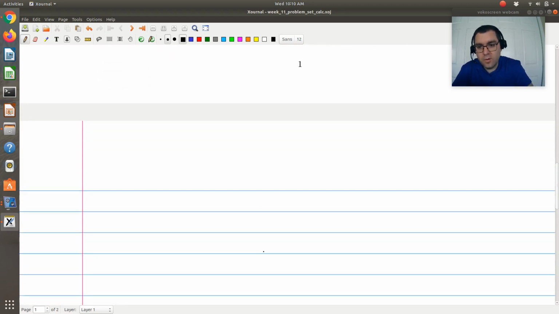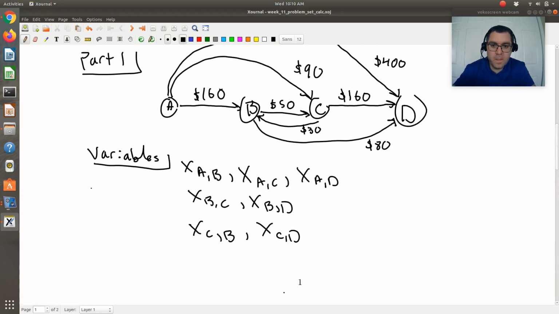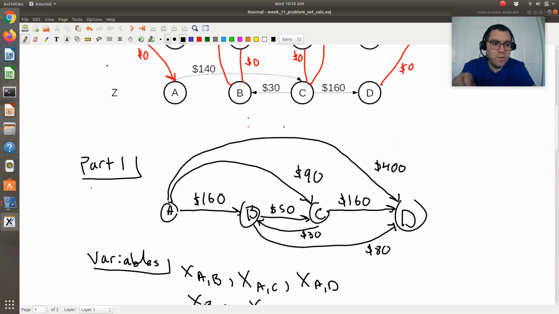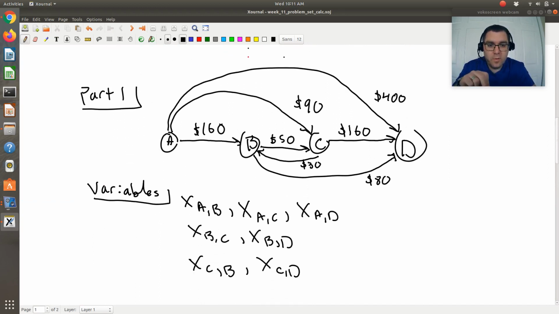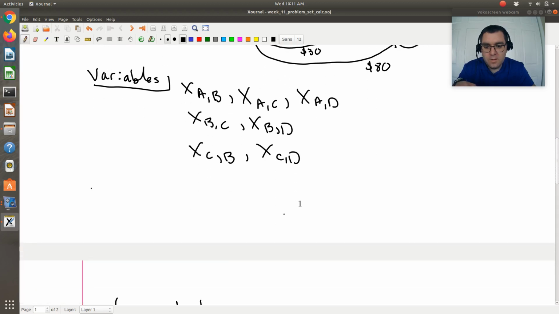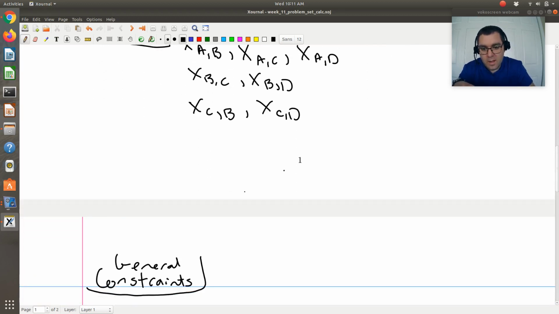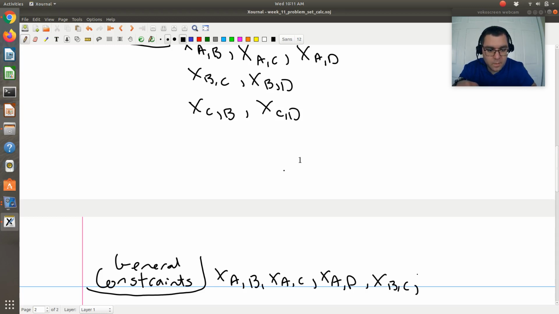Okay, I'll start with my constraints, and actually let's start with what I'll call our general constraints. Our general constraints are that all of our variables take on a value of 0 or 1. To force our variables to be binary, I can list them all out: XAB, XAC, XAD, XBC, XBD, XCB, and XCD.